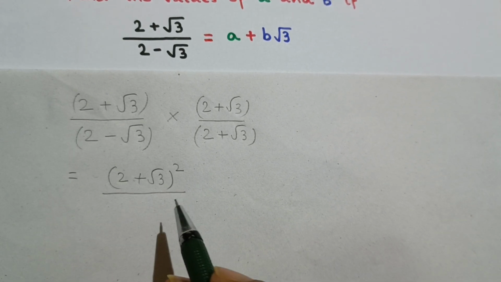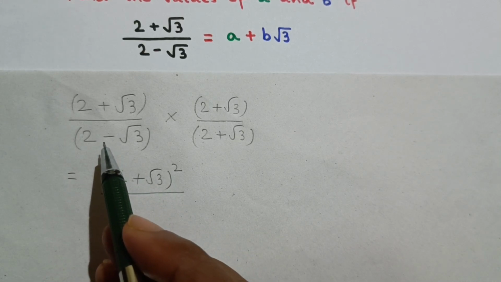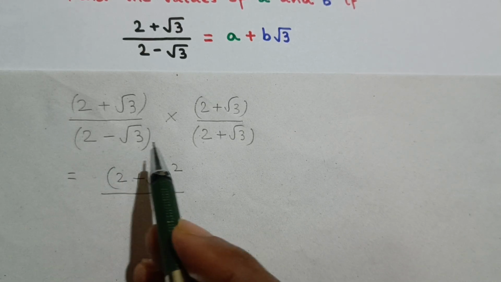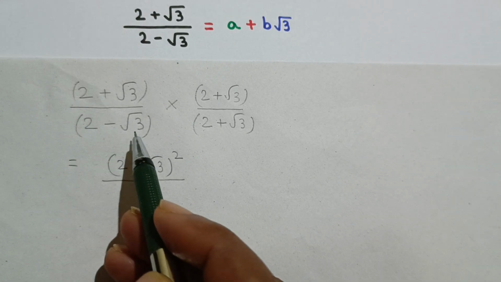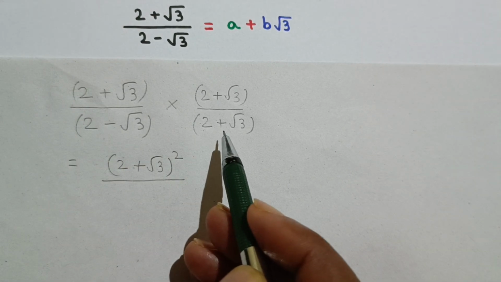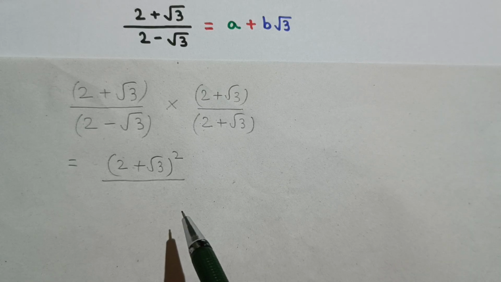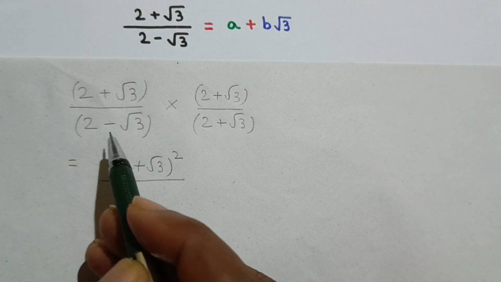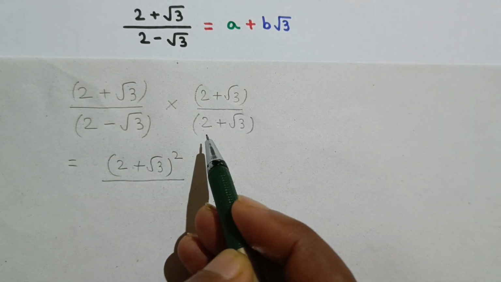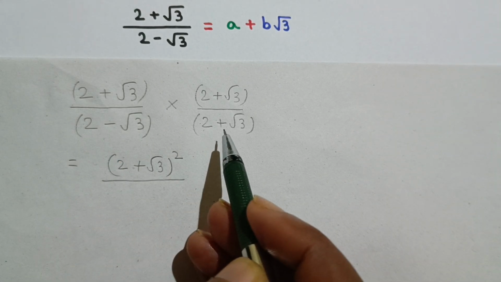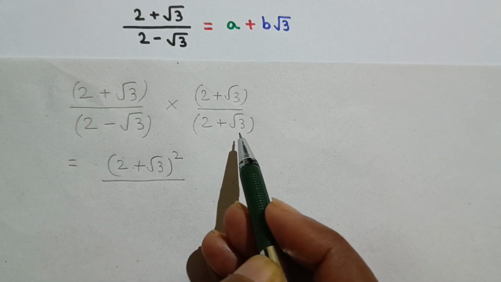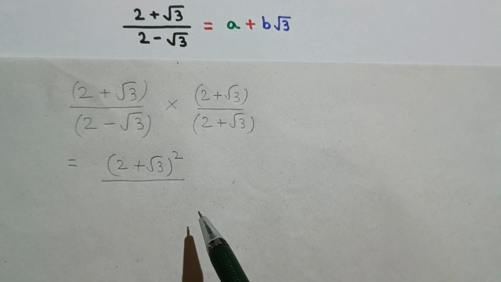Upon, now the denominator is 2 minus square root of 3 multiplied to 2 plus square root of 3. This is in the form of (x minus y) multiplied to (x plus y), and (x minus y) multiplied to (x plus y) is x square minus y square.